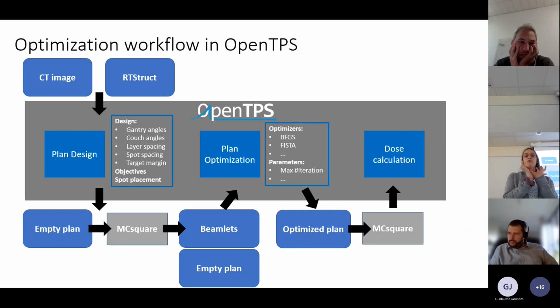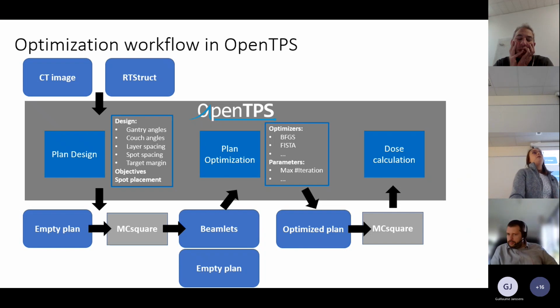And once we have these 2 inputs, we can do a plan design. To make a plan design, we define gantry angles, couch angles, layer spacing, spot spacing, target margin. Then we set objectives in our plan. Then we can launch the spot placement. At the end of this stage, we have our plan.